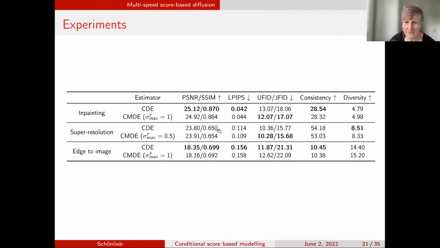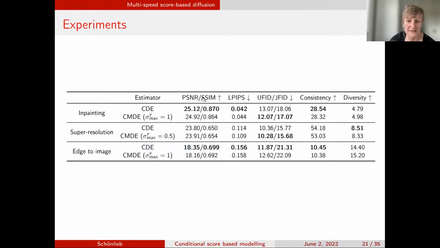And what you see here is a comparison between the CDE, which I've just shown you, a kind of state-of-the-art conditional score-based diffusion approach, and this conditional multi-speed diffusion denoising estimator that Georgios and Jan proposed.